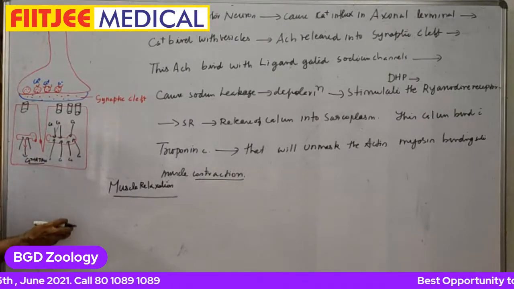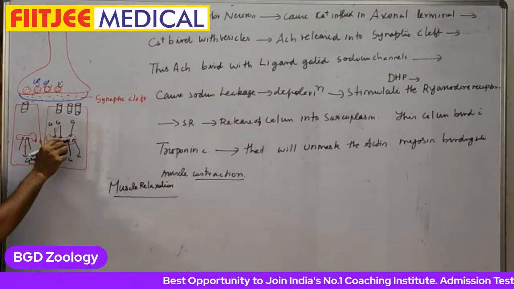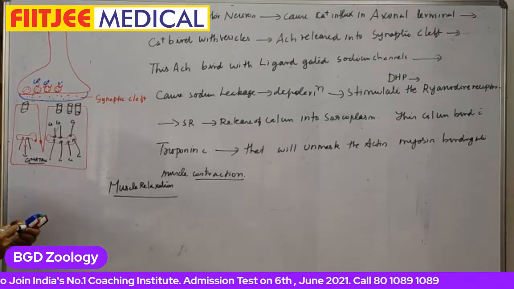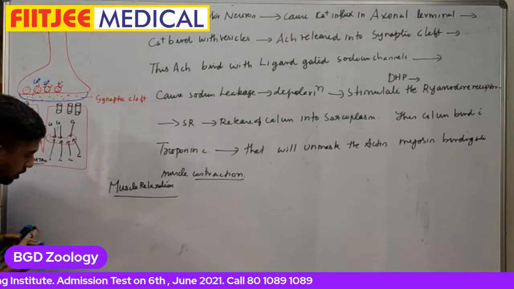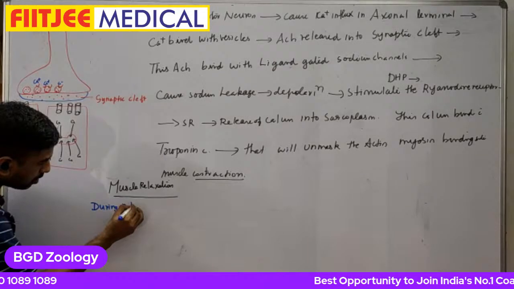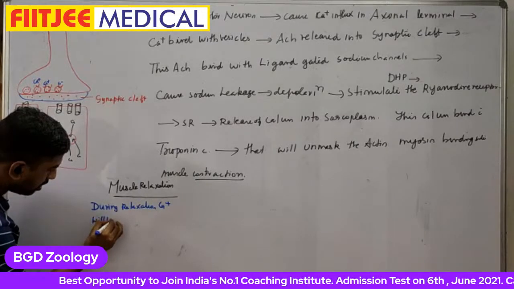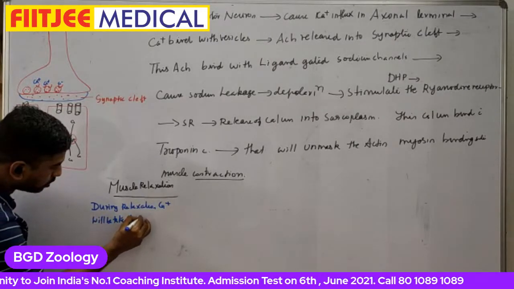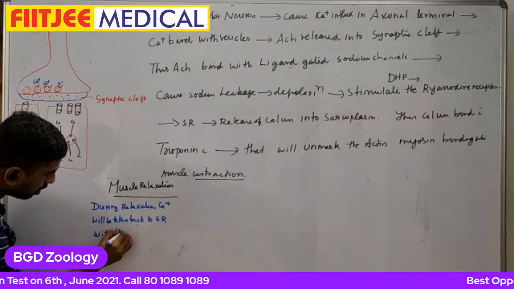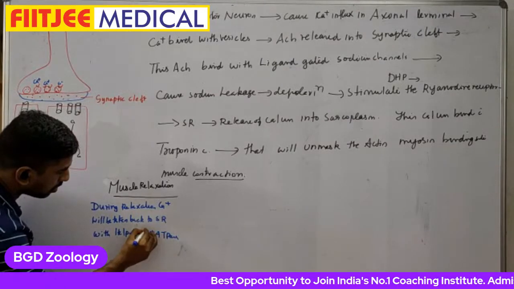With the help of this calcium 2 plus ATPase. Let me make it very clear. During relaxation, calcium will be taken back to sarcoplasmic reticulum with the help of calcium 2 plus ATPase. Right.